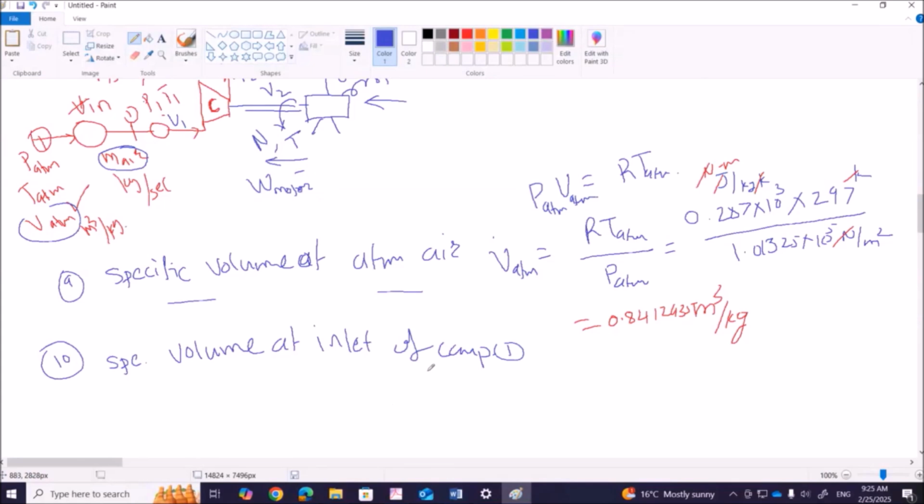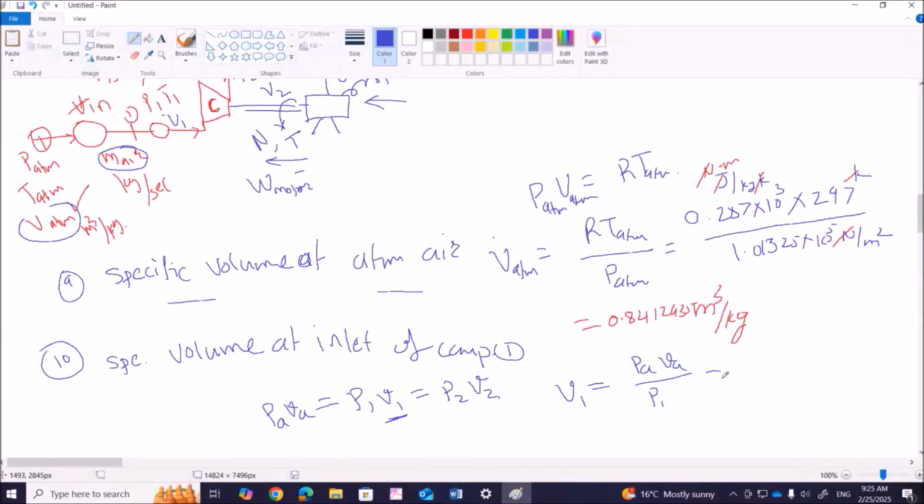So P1 V1 is equal to P atmospheric V atmospheric. First I need to find V1. Making it specific by small v, V1 is equal to P atmospheric V atmospheric by P1. I know all these values.